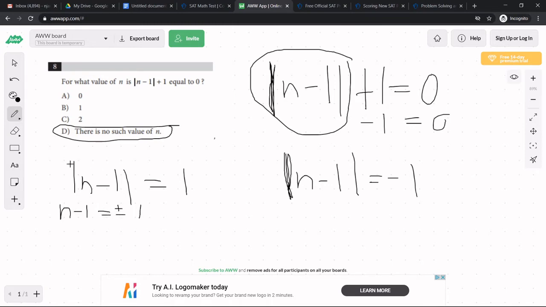So we get rid of the absolute value on the left, and we add a plus or minus in front of the right value. Now we can separate it into two equations. n minus 1 equals 1, and n minus 1 equals negative 1. So we get n equals 2, and n equals 0.